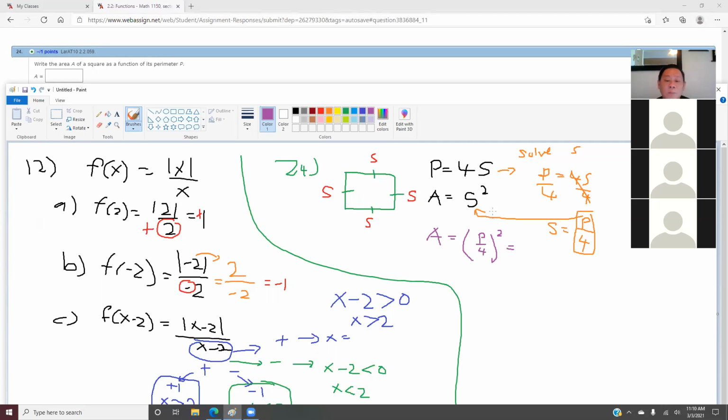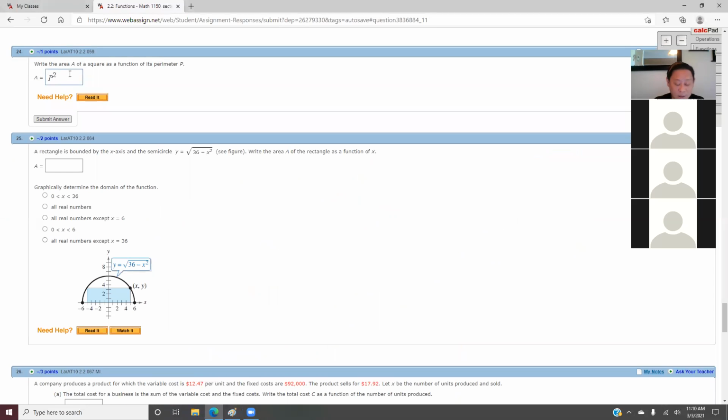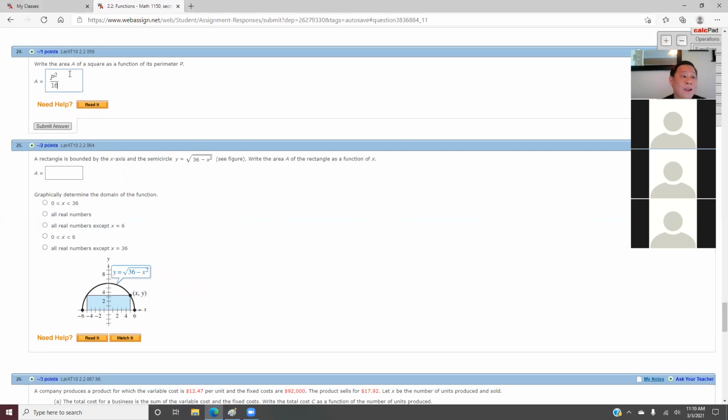Does anyone know what P over 4 squared is? This is P times P, which is P squared, and 4 times 4 is 16. Now, this is your answer here. When you put down your answer, the P that they use here is a capital P. So make sure you use your capital P, because if you use your lowercase p, they will mark you wrong.